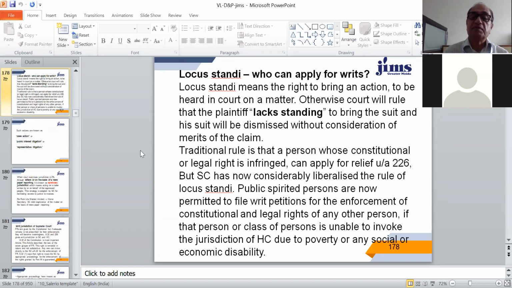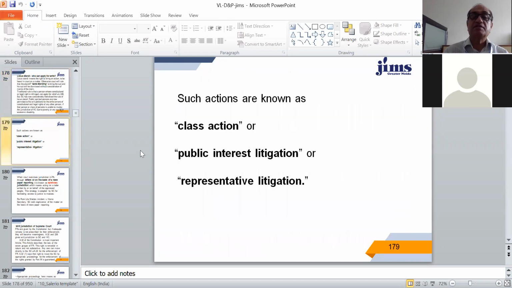Public spirited persons are now permitted to file writ petitions for the enforcement of constitutional and legal rights of any other person if that person or class of persons is unable to invoke the jurisdiction of the High Court due to poverty or any other social or economic disability. Dear students, such actions are known as class actions or public interest litigation or representative litigation.